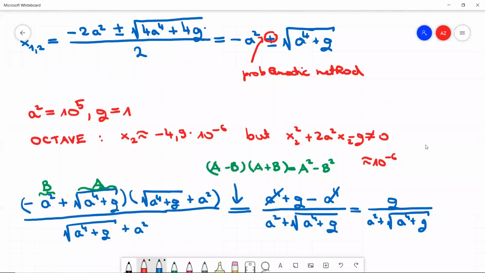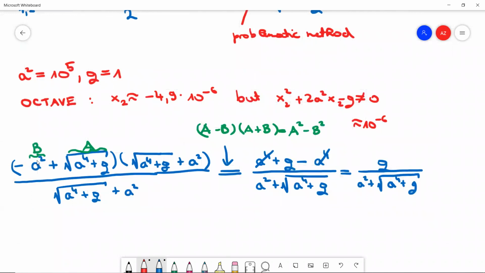But for the other method, we just used some analytical computations. So we didn't change anything from the analytic perspective. We should get the same solution. However, here we got rid of subtracting two numbers which are almost the same. So this a squared and almost a squared were not subtracted but added.